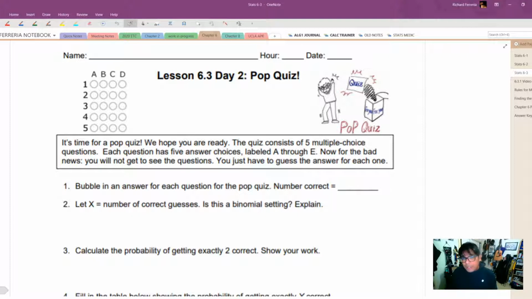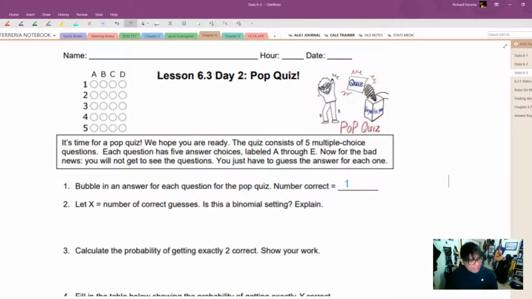The bad news is you weren't supposed to be able to see the questions, so you just have to guess on all of them. Based on how many you guessed on these 5 questions, how many would you get correct? Actually, I'm not that lucky with these kinds of things, and if I'm just guessing, I got 1 correct.